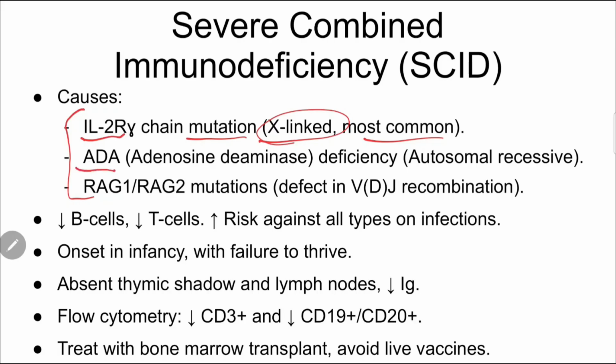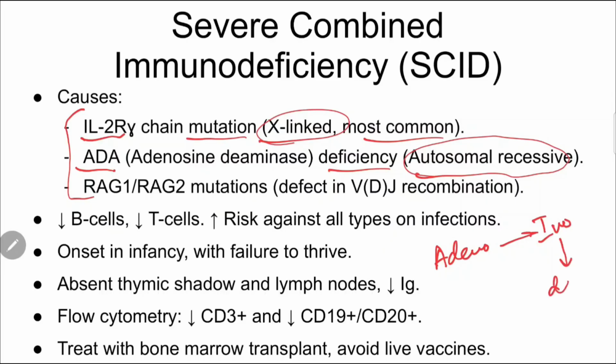Next, ADA deficiency, so adenosine deaminase deficiency. This one will be autosomal recessive, right? So it can also be seen in girls. Normally adenosine deaminase converts adenosine into inosine, and then inosine is degraded. Now what happens is that since your adenosine deaminase is dysfunctional, you get increased buildup of adenosine, and then that adenosine is phosphorylated.